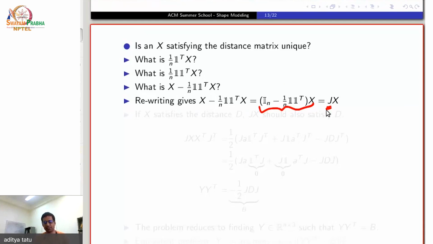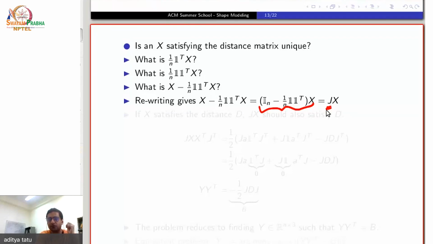Of course, a very specific translation, but as far as the answer to this question is concerned, the only notable thing is that they are translated. And we've seen translation doesn't affect the distance. So if X satisfies the distance criteria, JX will also satisfy the distance criteria. So instead of looking for any general X, we will look for an X whose centroid coincides with the origin. In other words, we look for points of the kind or the matrices of the kind JX.